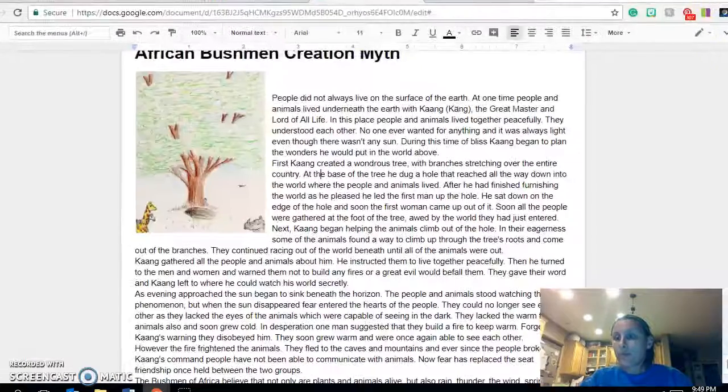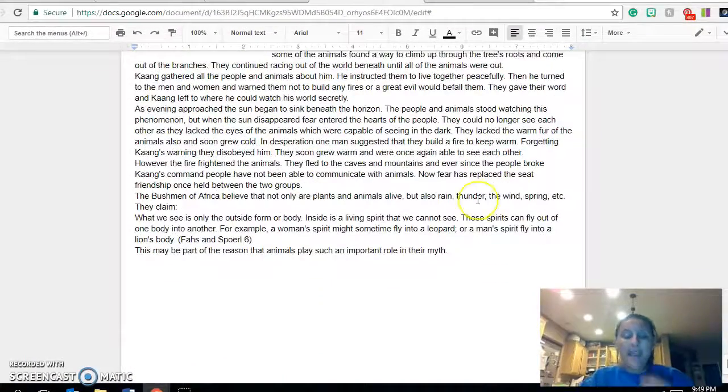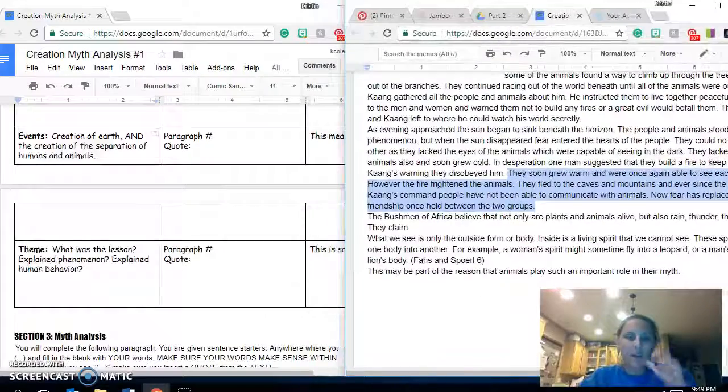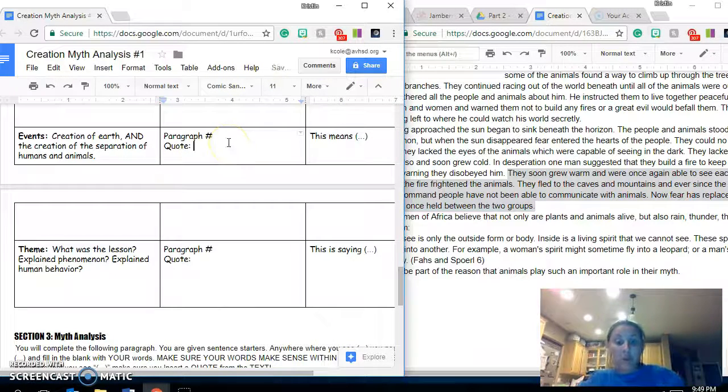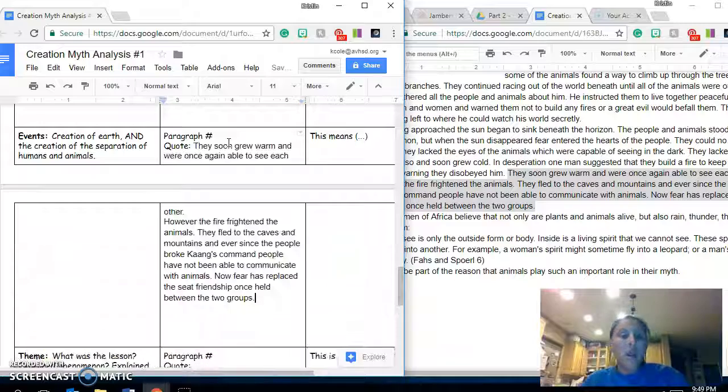And my proof, we're going to come back, and it's okay to have the same proof. And I'm going to use the same proof that I've used before. I'll make it a little longer to show that the animals ran away. I'm also not going to put the paragraph number. You need to put the paragraph number. I'm not going to count it out right now.